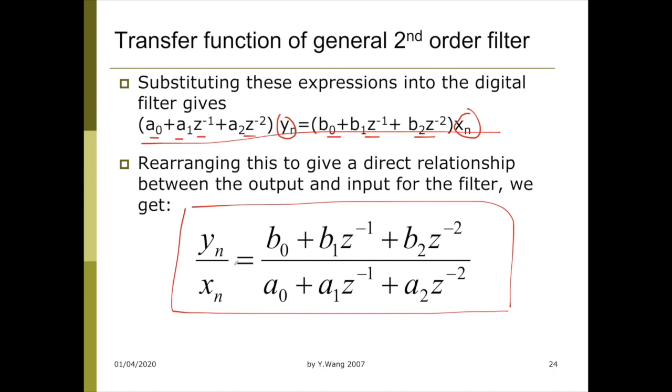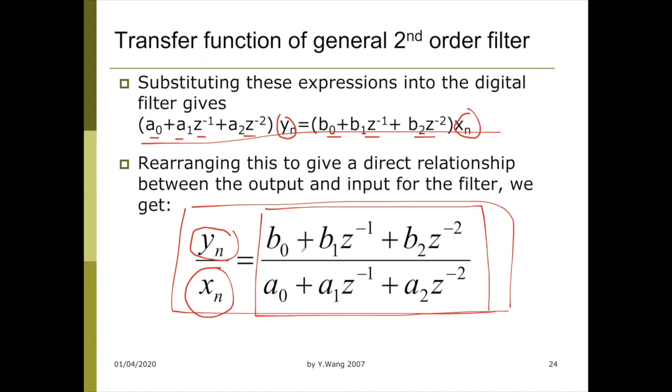This final form of the transfer function tells us very important information: we can express a digital filter as a structure relating the current output y[n] with the current input x[n]. Basically, the transfer from input signal to output signal can be expressed by the right side of this equation, and this is called the transfer function, because it transfers the current input to the current output.